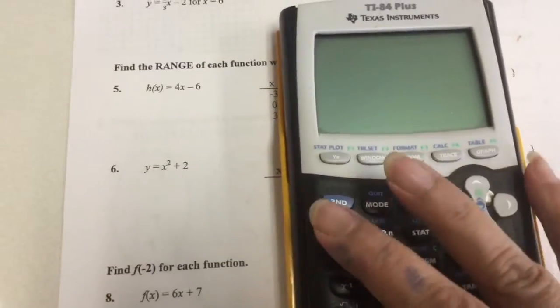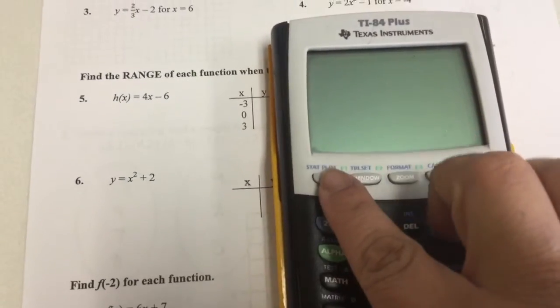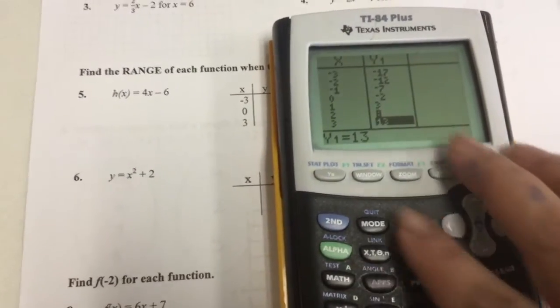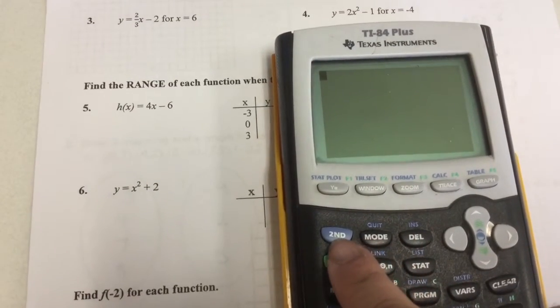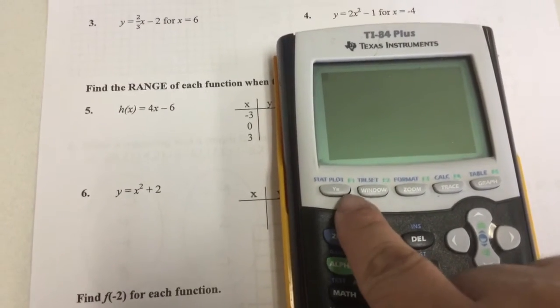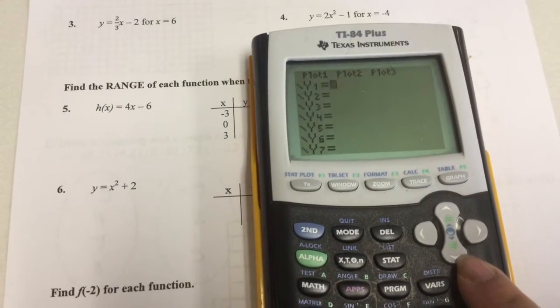So again, I'm going to use my calculator. I'm going to hit y equals on the very top. In order to clear the table, you hit second, quit, and then I'm going to hit y equals. Clear the function that you have.